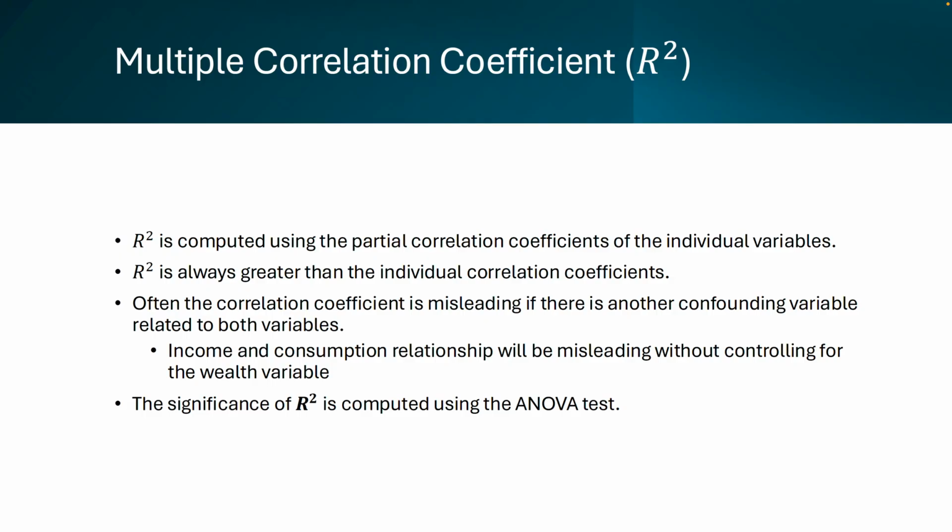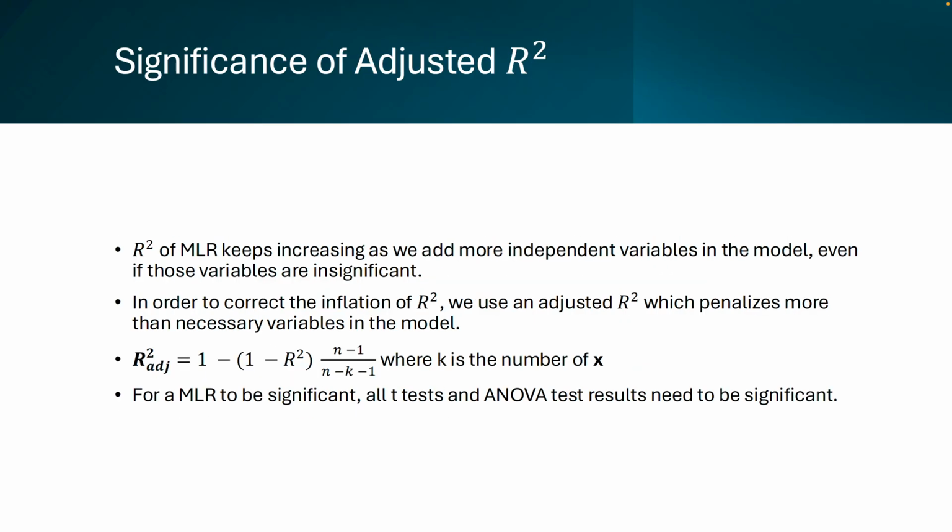Now, in the MLR, we have another kind of challenge which we don't see in simple linear regression: if we keep on adding new variables to the model, even if those variables are spurious random noise, the R square will keep on increasing as more and more independent variables are added to the model.